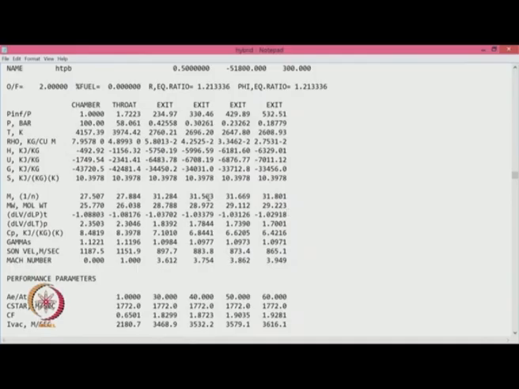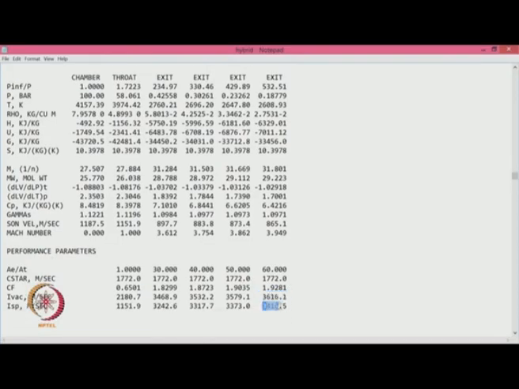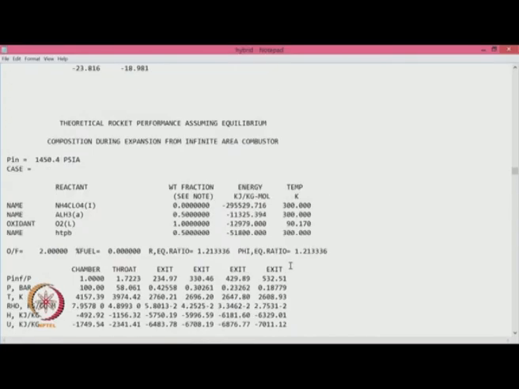Somewhere around 2, the temperatures are very high, and so also the ISP is high, 341 seconds, and vacuum ISP is 361, right.